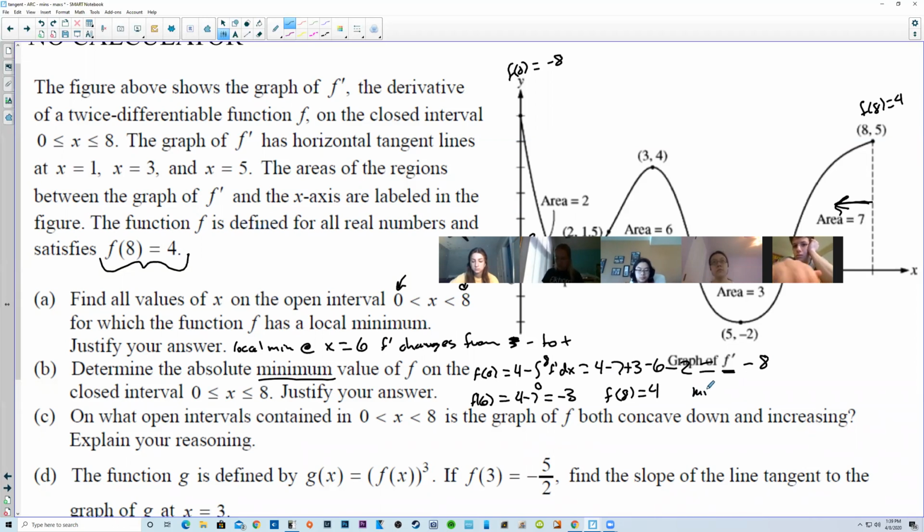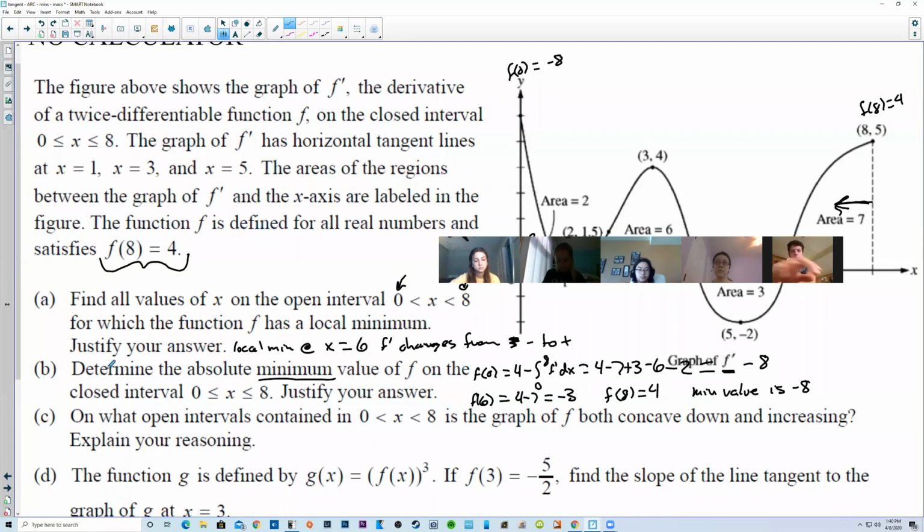So the minimum value is negative 8. Now, it happens at 0, but they don't ask for that. They just say, what is the minimum value? Justify your answer. I think I've shown enough work to have a pretty good justification there. Remember, not all justifications are words. Some of it's work.